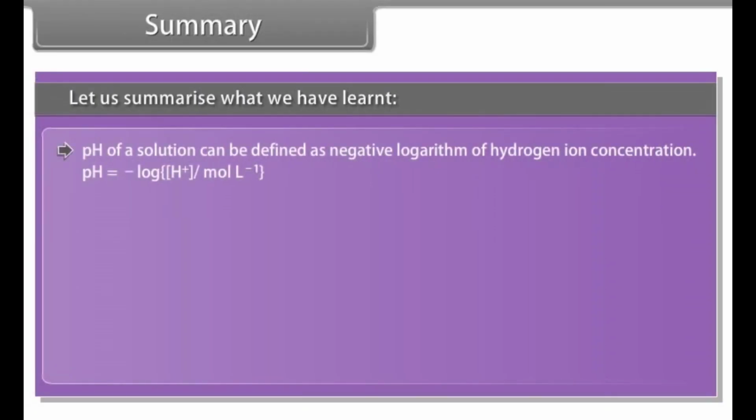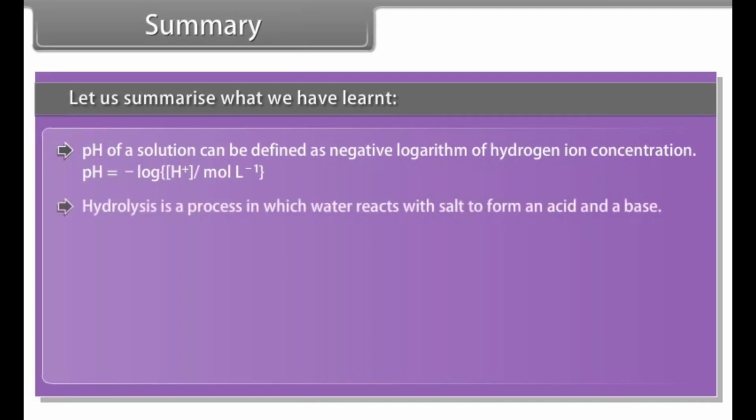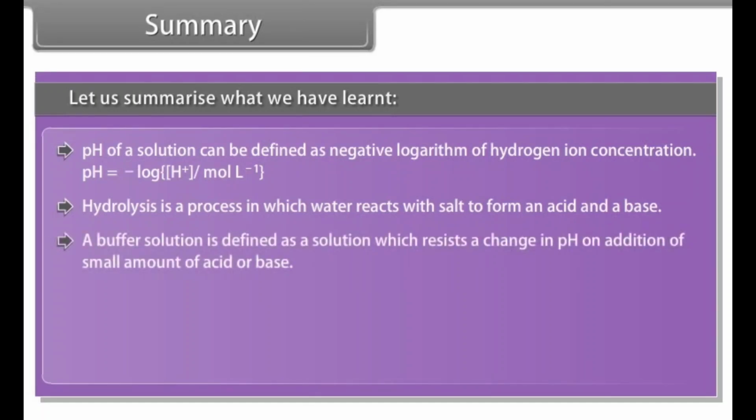pH of a solution can be defined as the negative logarithm of hydrogen ion concentration. Hydrolysis is a process in which water reacts with a salt to form an acid and a base. A buffer solution is defined as a solution which resists a change in pH on addition of a small amount of acid or base.